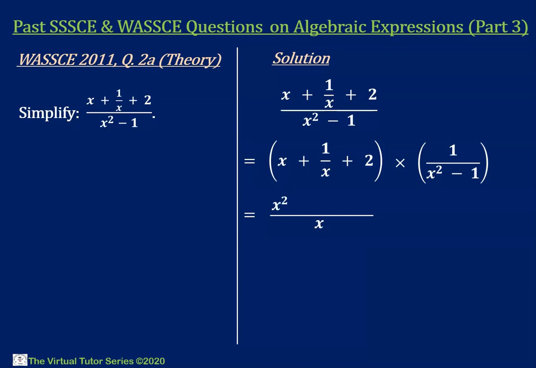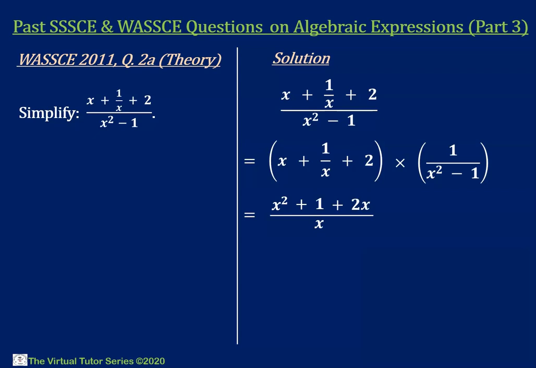Again, x into x is 1, and 1 times 1 is 1. And finally, 1 into x is x, and x times 2 is 2x.